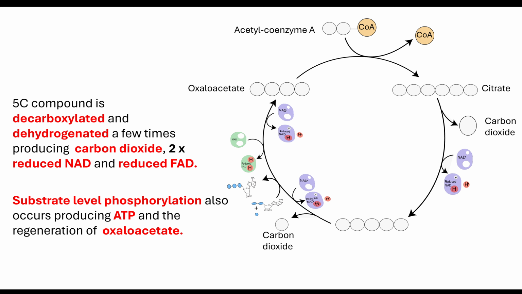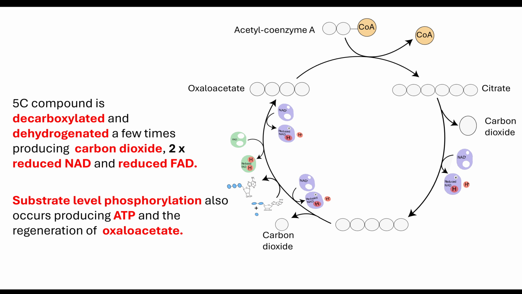So it's important that we note that substrate level phosphorylation is occurring, and through that process of the decarboxylation, the dehydrogenation, and substrate level phosphorylation, we have regenerated oxaloacetate. So we've got back to the original starting point of our 4-carbon molecule. And that can then go around again when more coenzyme A come in with their acetyl group attached.